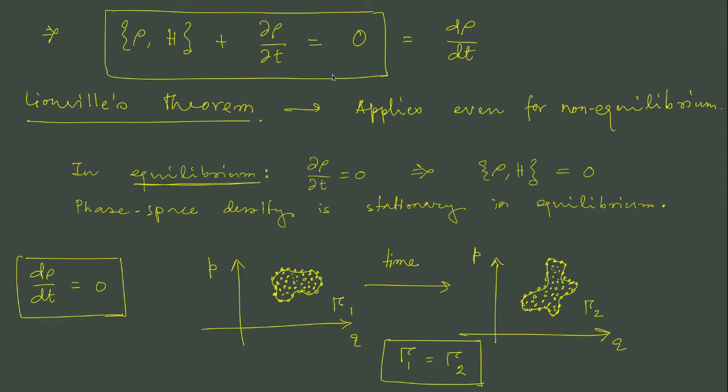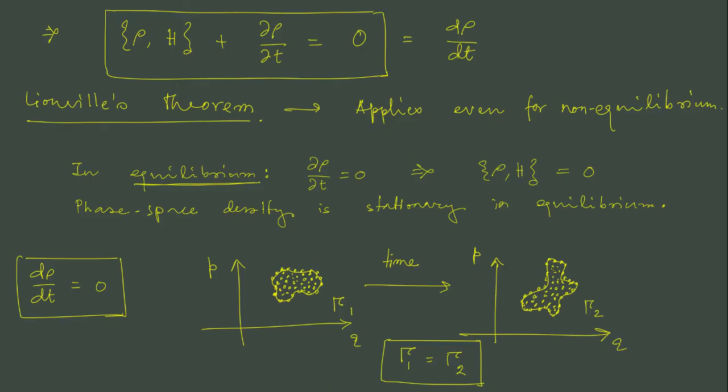This means that if you have a phase space and you have defined density at a particular point, you have many particles and they are all moving around, then at a given point q and p, if you calculate the total time derivative of the density, it vanishes. And how do you choose such points? Typically if you have a statistical ensemble, you choose the ensemble members in a certain way.